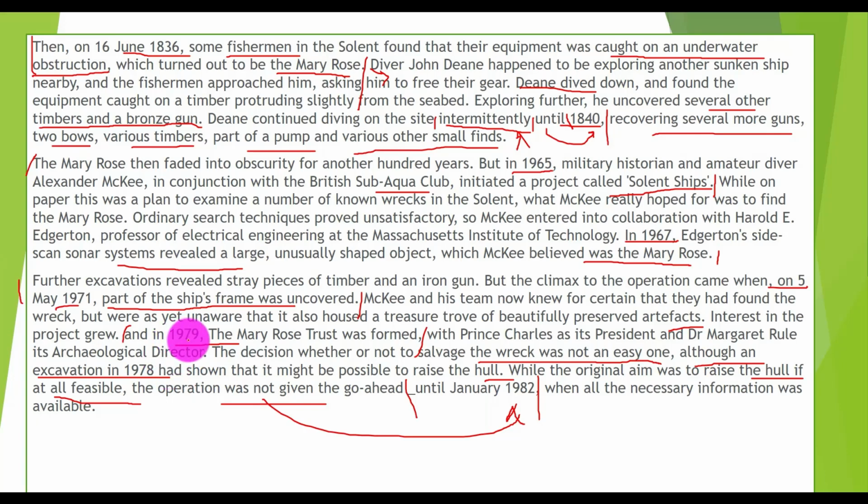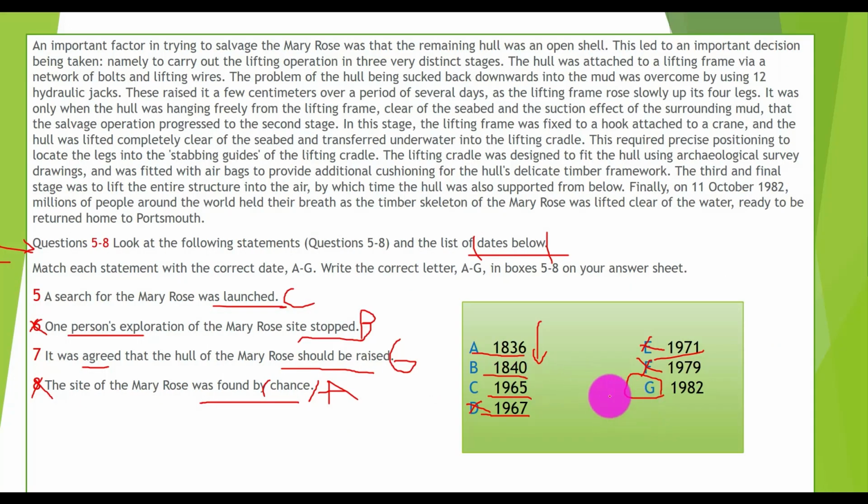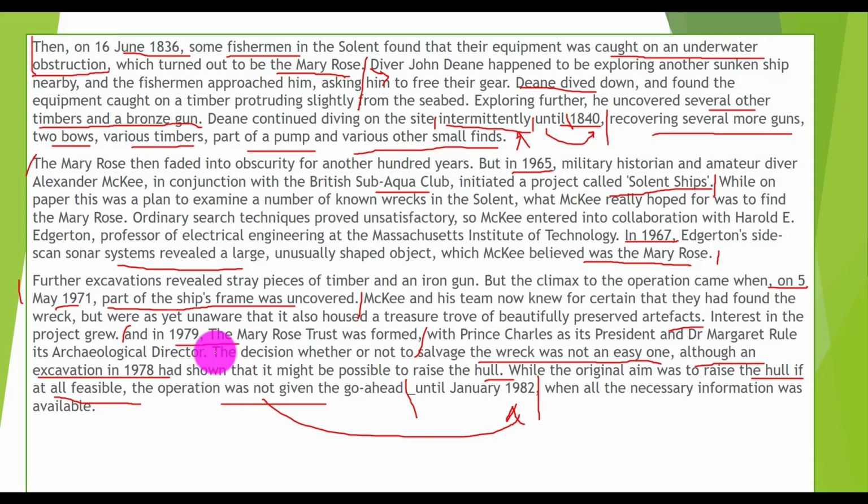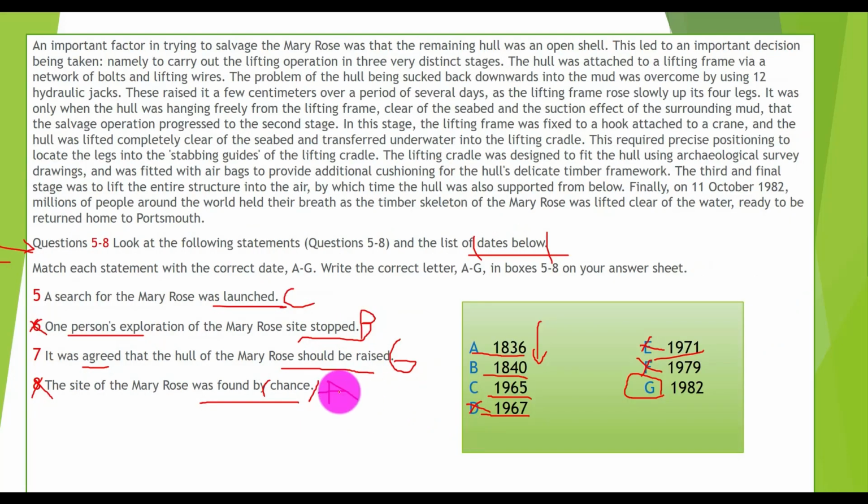We had other dates in this: 1979, 1978. Okay, these are a little bit confusing, but you should be careful when you see different dates, in order not to confuse them and to find the correct answer. Okay, we answered all of our questions.